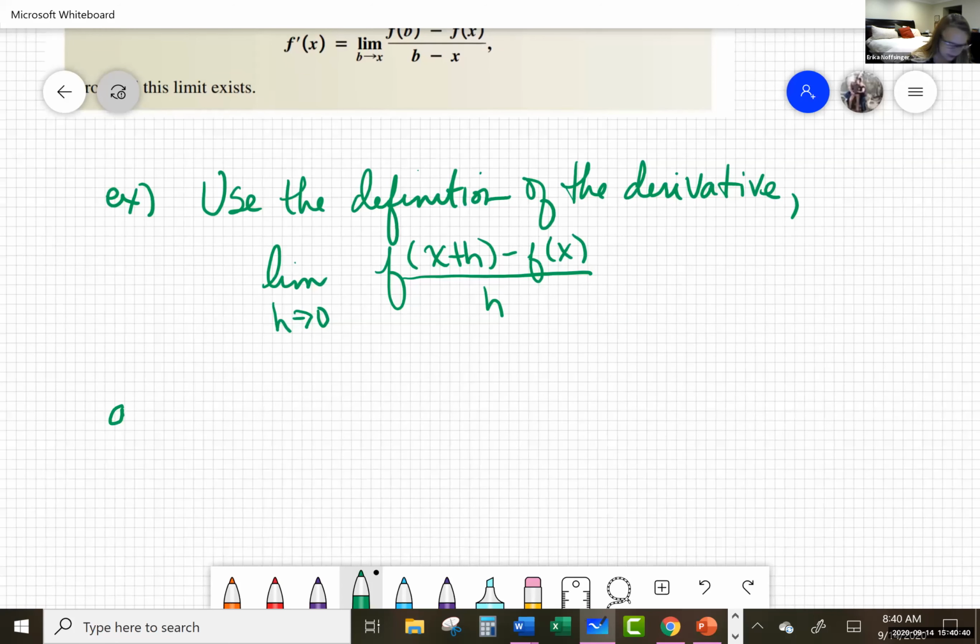To find f prime of x, let's do, first example, let's do f of x is equal to negative 2x plus 5. So we want to find f prime of x.